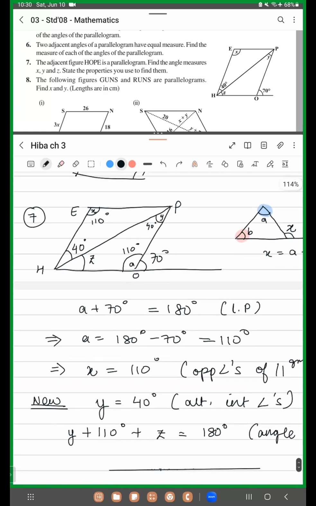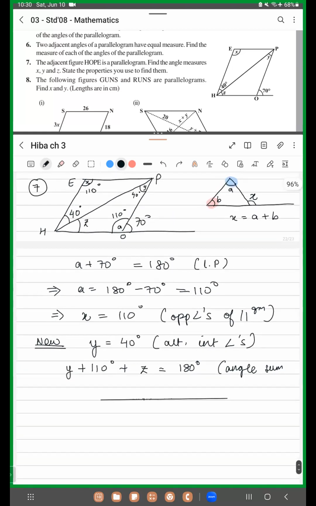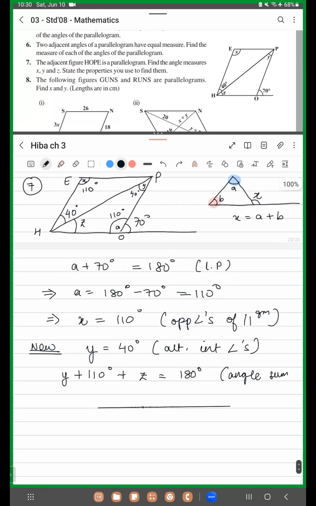So yeah, where were we? We were talking about the angle sum property. We don't know the value of z, so we can say 40 plus 110 plus z gives 180. Very good.